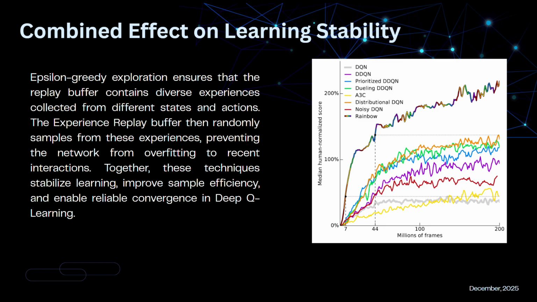The experience replay buffer then randomly samples from these experiences, preventing the network from overfitting to recent interactions. Together, these techniques stabilize learning and improve sample efficiency and enable reliable convergence in deep Q learning.